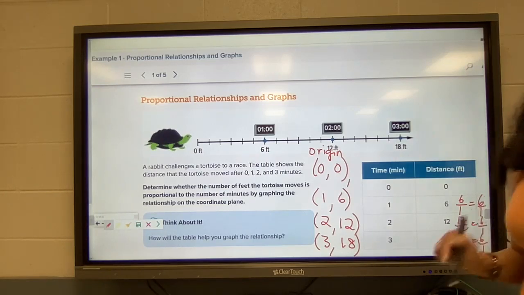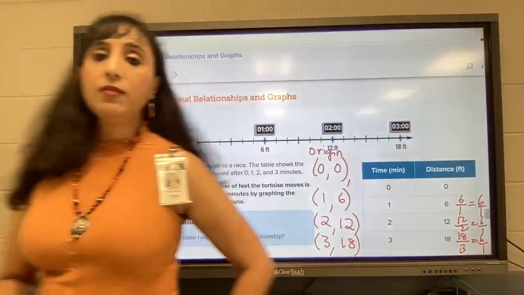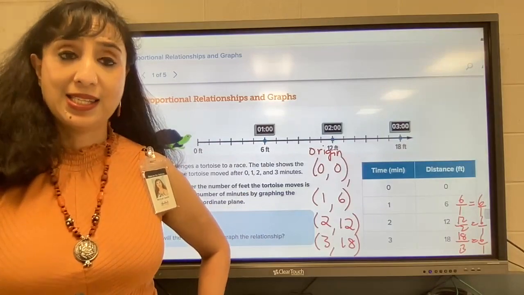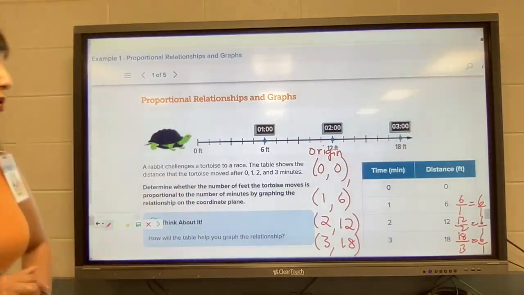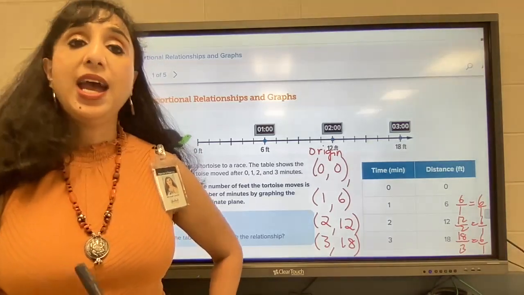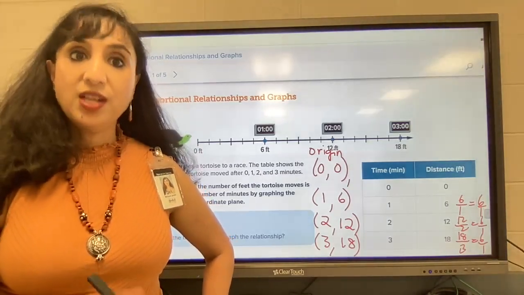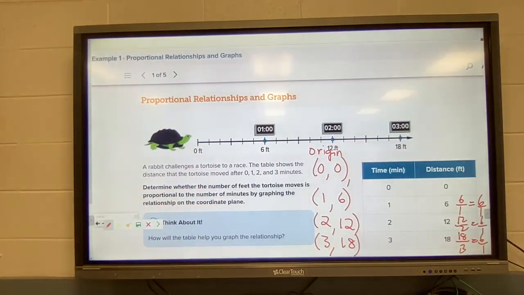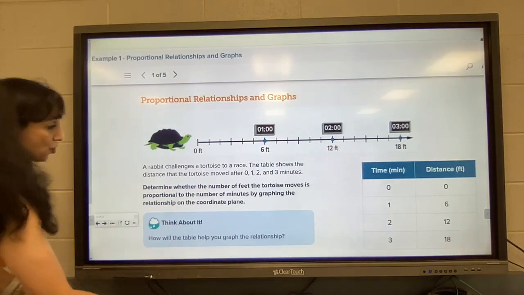So just by looking at that, I can already see that the constant of proportionality is 6. All right, and so for all of them, I'm getting the exact same unit rate, and it is starting at the origin. So this is going to be a proportional graph, okay, or it's going to be a straight line.